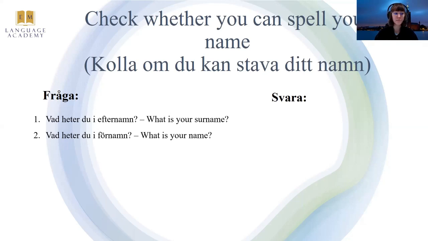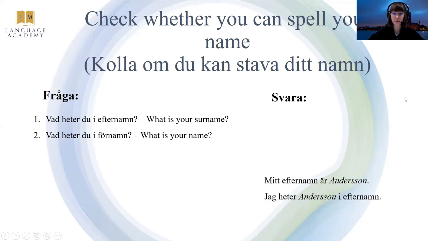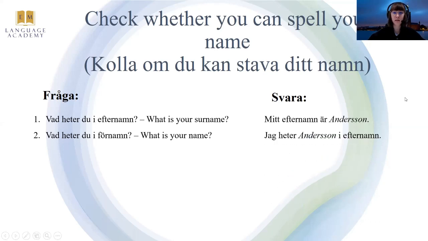And believe it or not, Swedes also have difficulties when it comes to understanding names and surnames of people that come from different cultures, different countries. So this is where spelling comes in really handy, right? So we have two possible questions, and then what are the answers? The answers are as follows. Mitt efternamn är Andersson, or jag heter Andersson i efternamn.